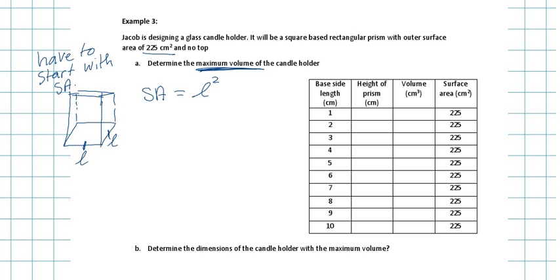Now, how many other faces do I have? 4 other faces. I'm going to call the height H. What's the area of this face? Length times height, L times H.